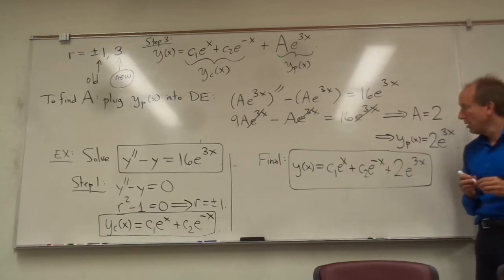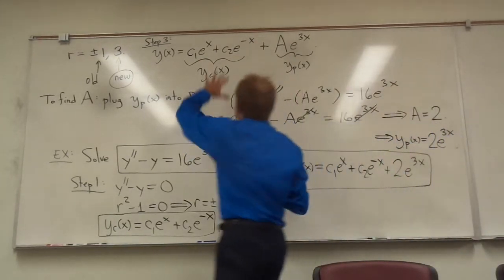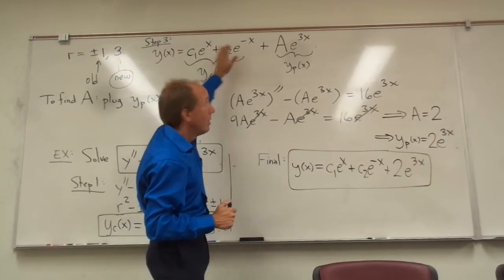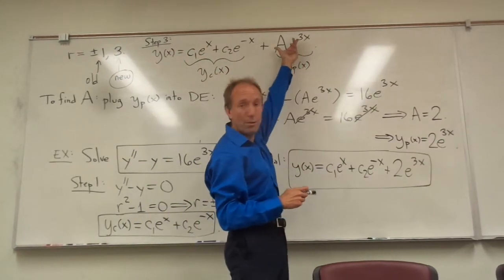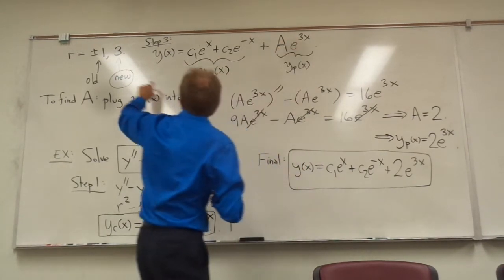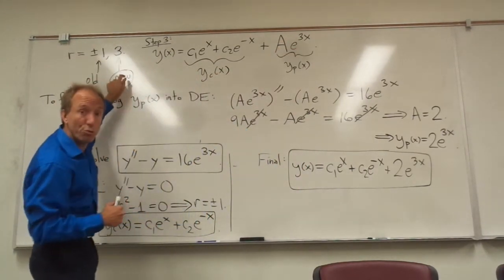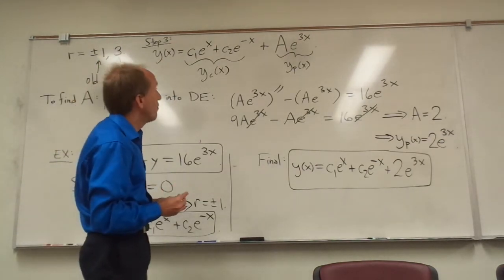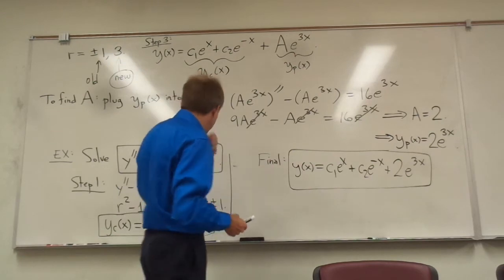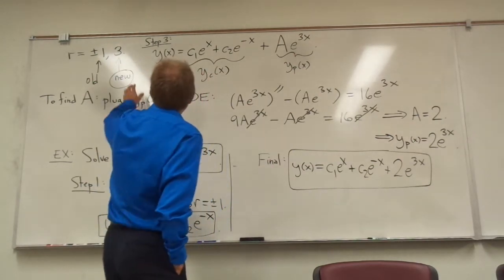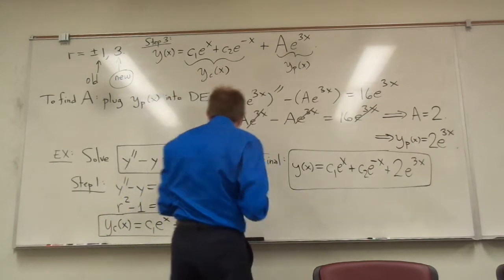Most of it, this first part of it, is just the complementary function. That's the old material. The new material is just telling you that you're going to be adding on a particular solution, and that's going to come from the new roots of the auxiliary equation that arise from the process of figuring out the annihilator. And then you can actually solve for that constant there.